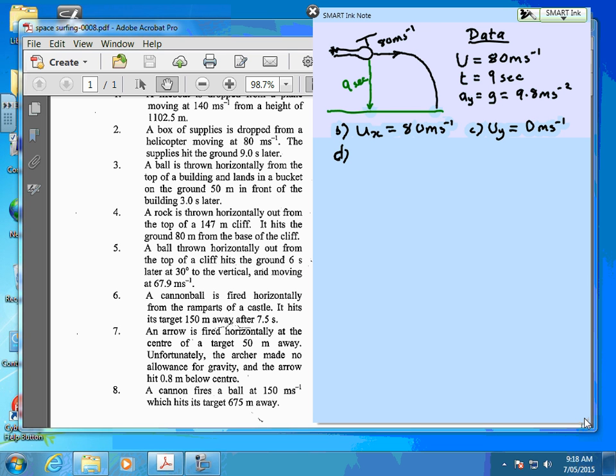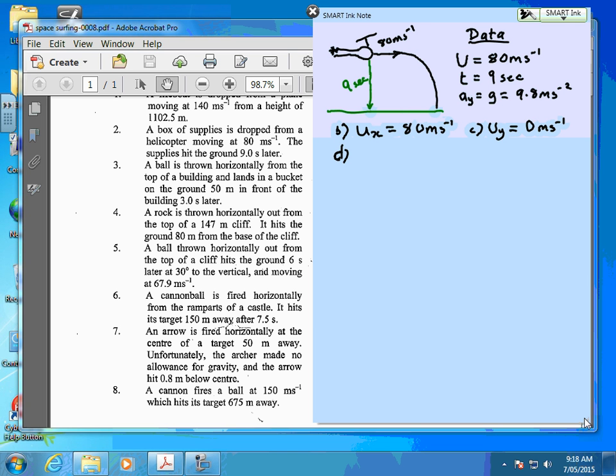But the problem is, if you try substituting into that formula, what's the horizontal acceleration? The horizontal acceleration is 0. It's not being accelerated. So in that formula, you end up with the range part being cancelled out. So go to the next one. Delta x equals u_x t.